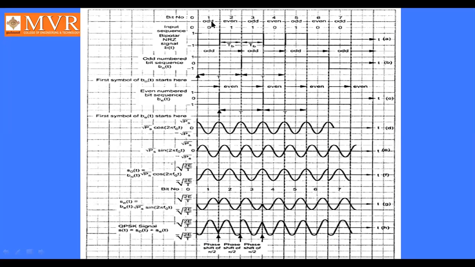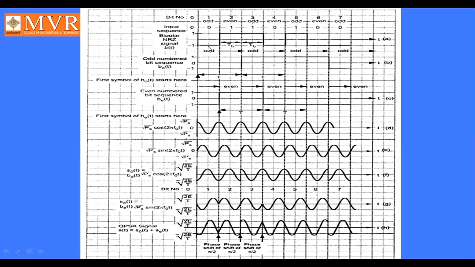So here, the first bit is... try to observe here, all of you. This is -1, this is +1. Please observe carefully. This is the input bit sequence, the bipolar analytic signal.